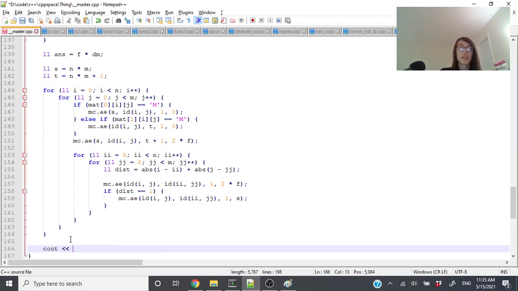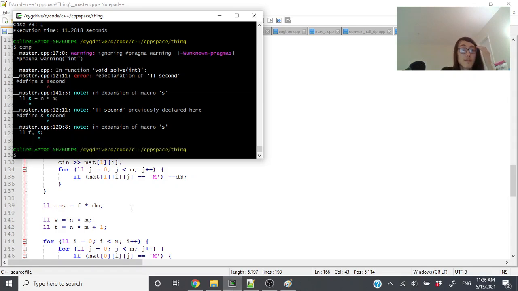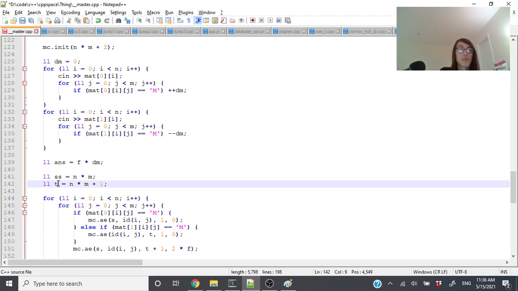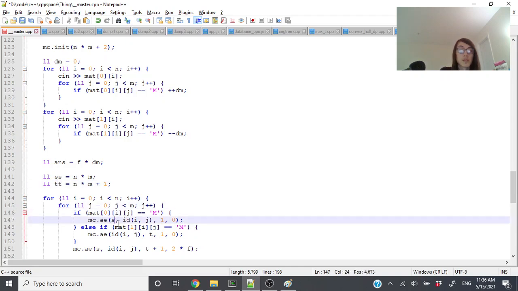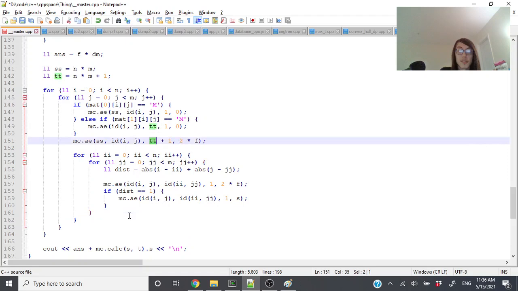And then cout ants plus mc.calc st.second. Yeah. Call it like source vertex. By the way, this can be anything, it's just infinity.